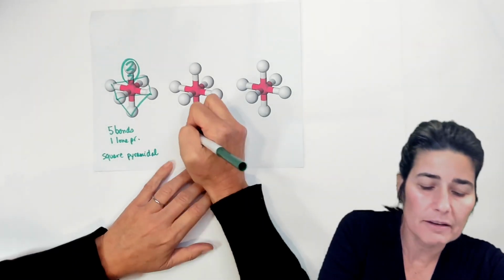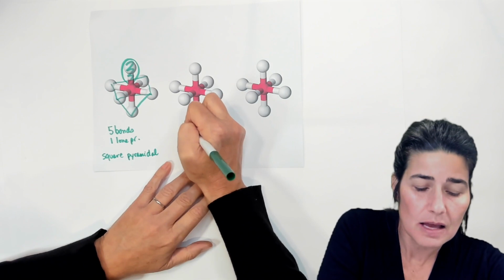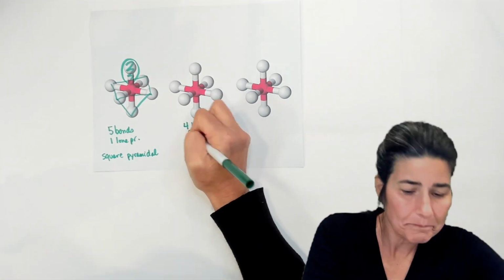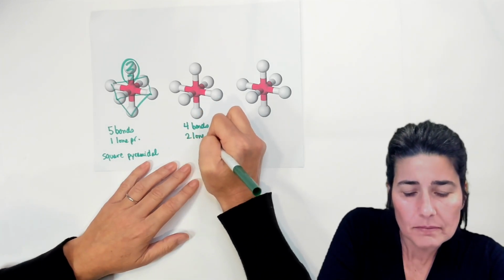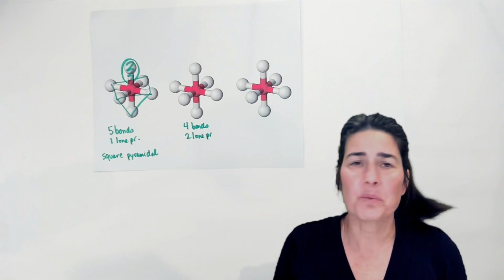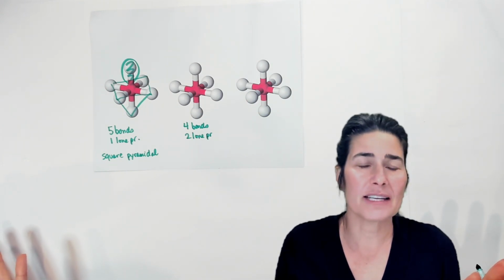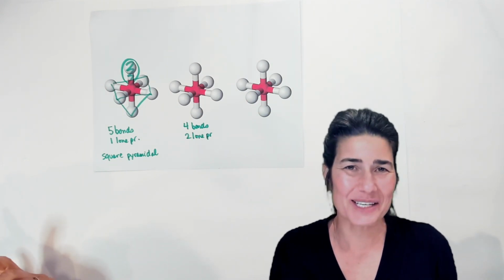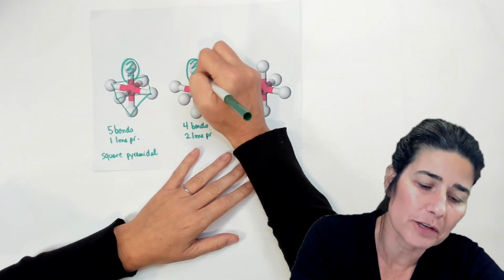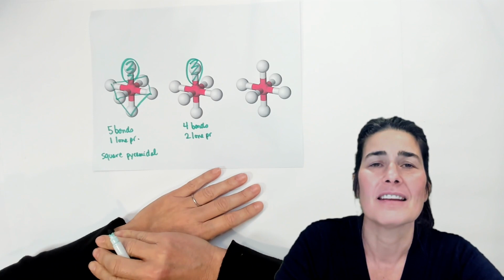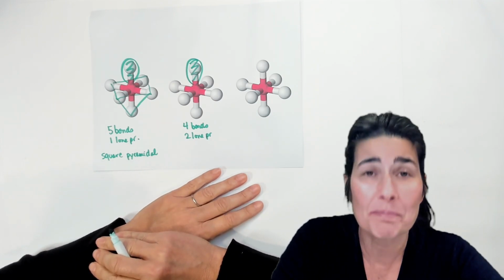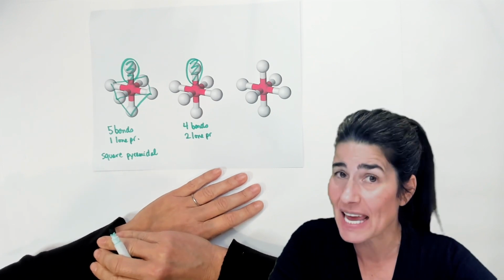Now, what if we still have 6 domains, but 4 of those are bonds, and 2 of those are lone pairs? All right. Does not matter where you put your first electron ghost, your first lone pair, because they're all the same angle. I'm going to ghost out my first one. But it does matter where you put your second ghost. Lone pairs need a lot of space.